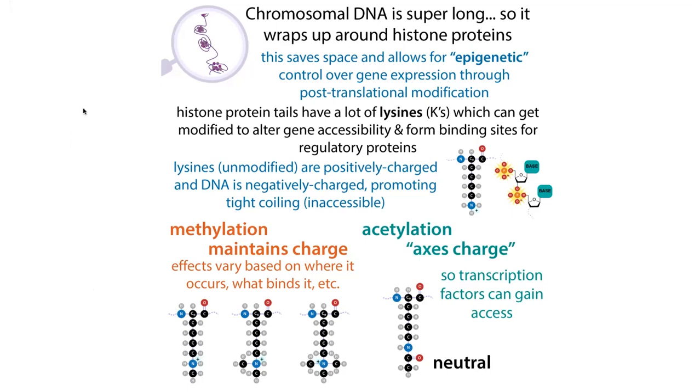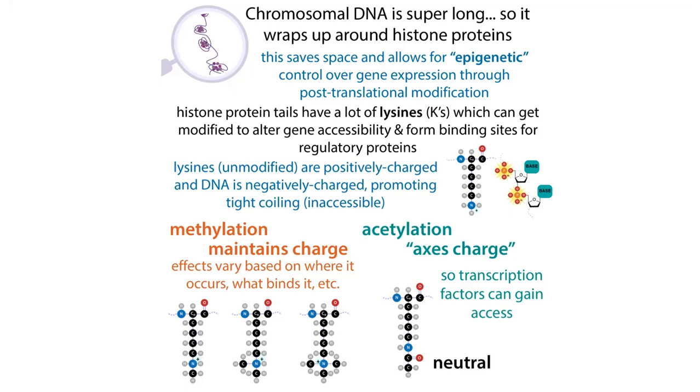In general, acetylation, because you're kind of axing the charge, you're making it so that the region of DNA is typically opened up more, so this can increase the transcription. And in the case of methylation, this typically gives you decreased transcription, but it's also going to depend on where the methylation occurs, both within those histone proteins.